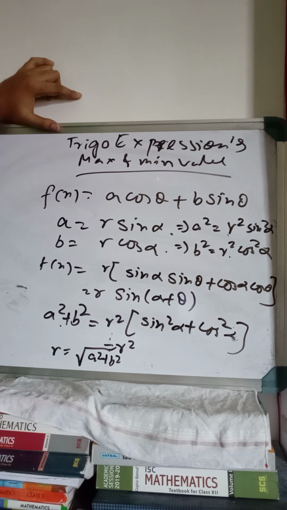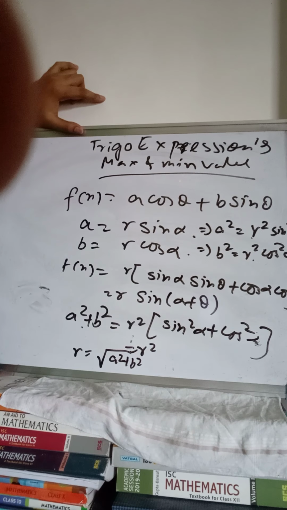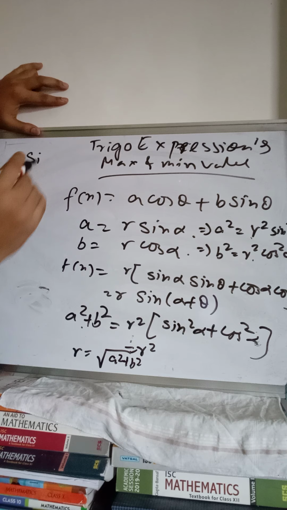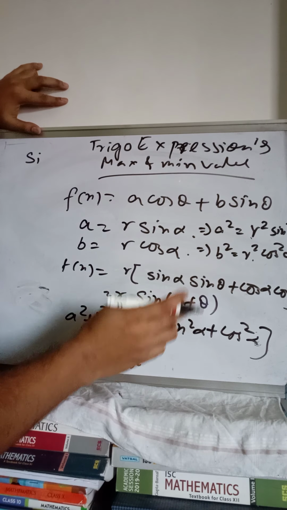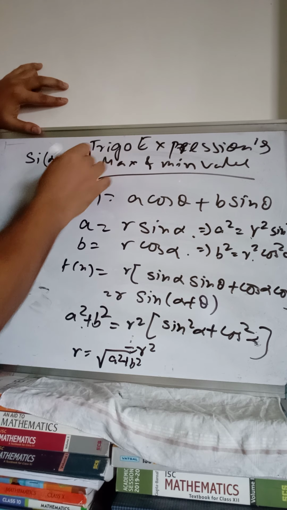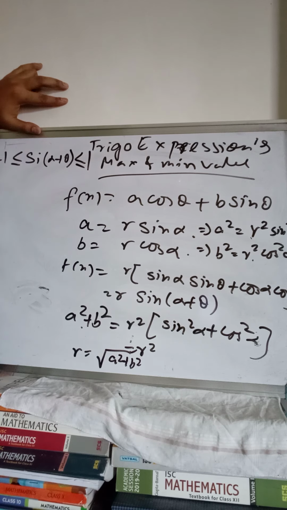Now the value of sin always lies between minus 1 and 1. So I can write that sin of alpha plus theta lies between minus 1 and 1.